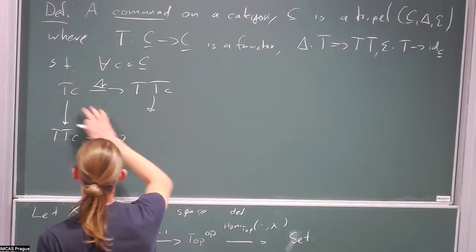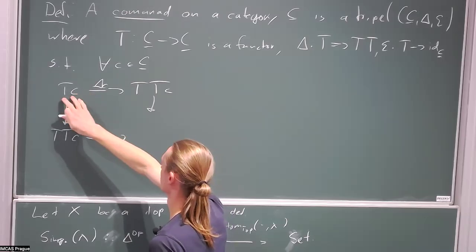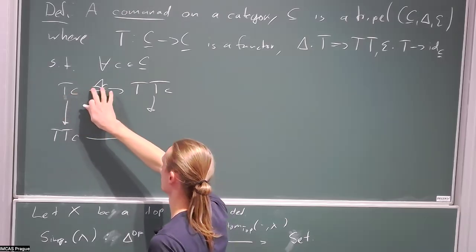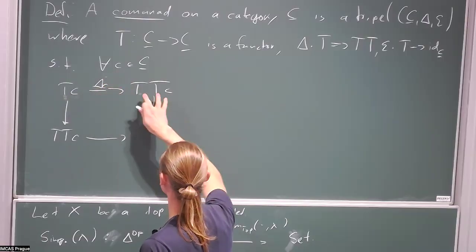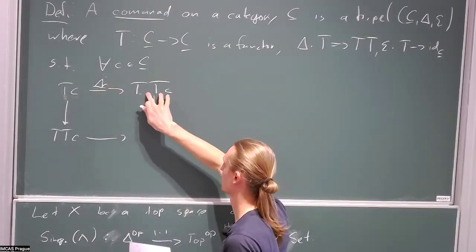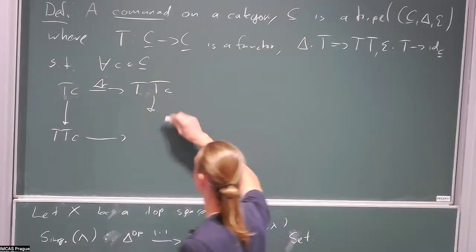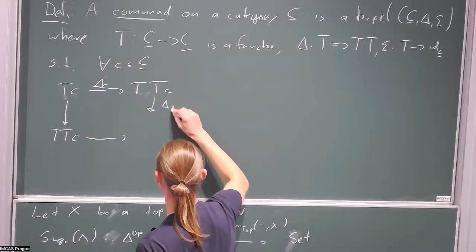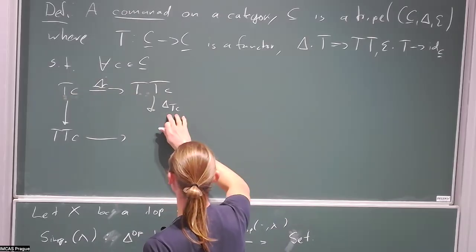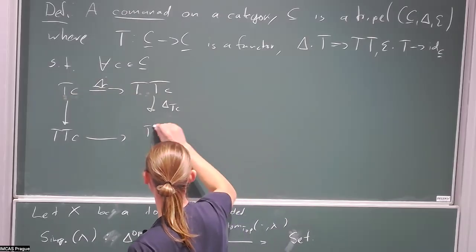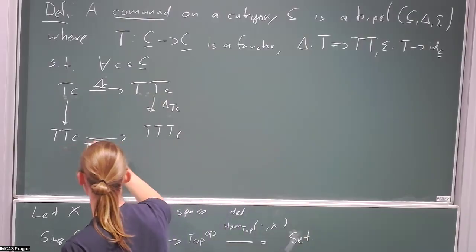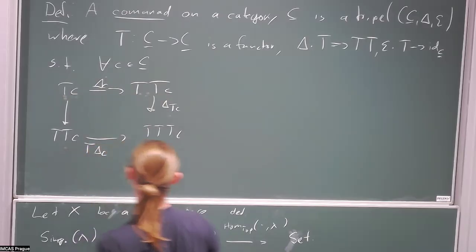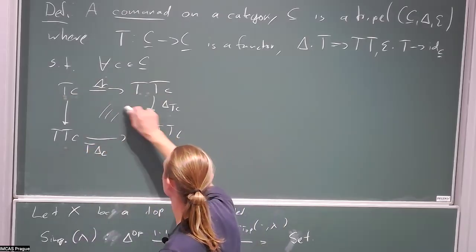So what I can do is start with TC and then look at the component of the natural transformation delta to get to TTC. But when I'm here, I have two possibilities. Either I can apply the natural transformation at TC to get to TTTC, or I can apply T, the functor, to the component delta C, and this should commute.